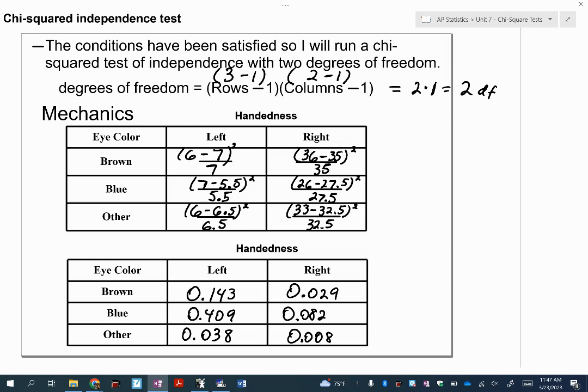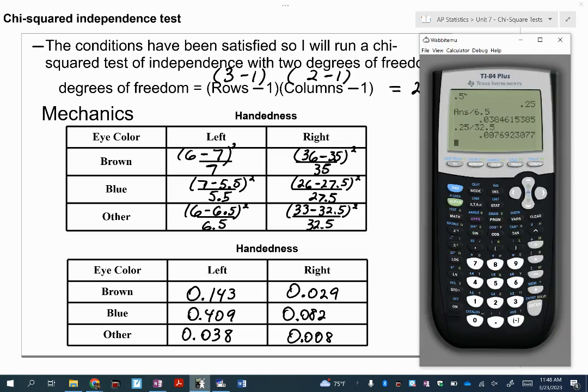If you look at the work that you did, are we really that far off from the expected values here? No, right? So if we're really close to the expected values, we're going to get a small chi-squared component. I'm not expecting this chi-squared value to be very large. And if you don't have a very large chi-squared value, you're not going to have enough evidence to reject the null. All right, so let's get all that data now.